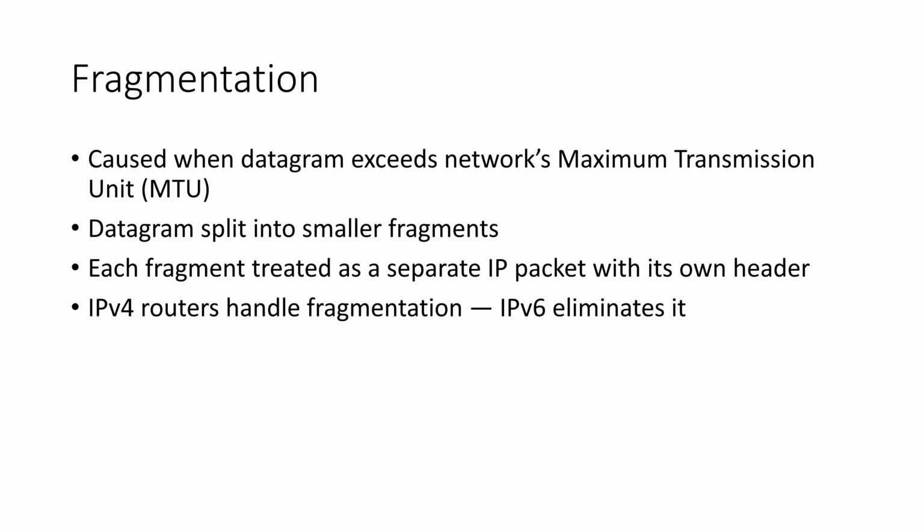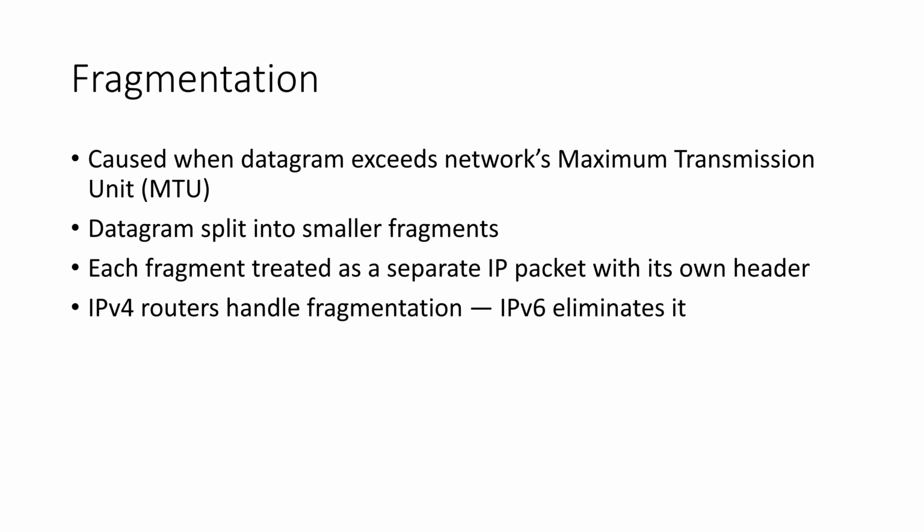So IPv4 networks have a limit on the maximum size of data they can transmit in a single frame, which is called the maximum transmission unit, or MTU. If an IP packet exceeds this MTU, it must be fragmented into smaller pieces. Each fragment is treated as an independent IP packet carrying its own IP header and appropriate values in the identification, flag, and fragment offset fields.